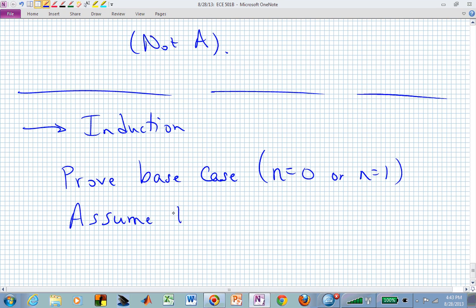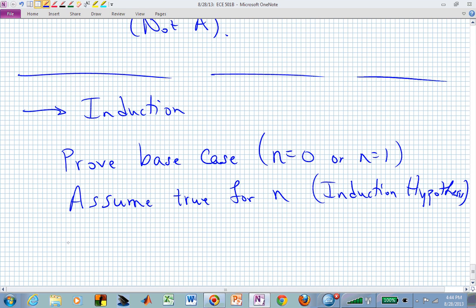You assume that the expression is true for the case n, and this is called the induction hypothesis. Then, assuming that the formula is true for n, you want to show that the formula is true for n plus 1.